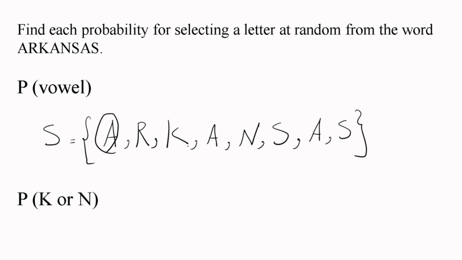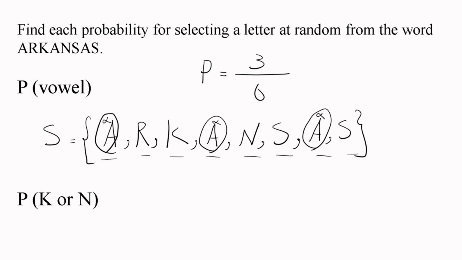I have 1, 2, and 3. So P of vowel will be equal to the number of favorable outcomes, 1, 2, 3, divided by the number of all the possible outcomes, which I have 8. It is going to be 3 over 8.